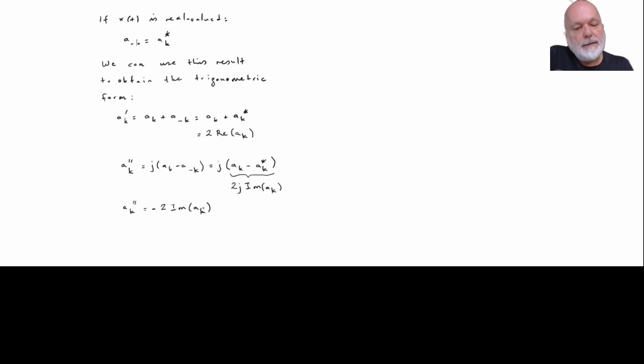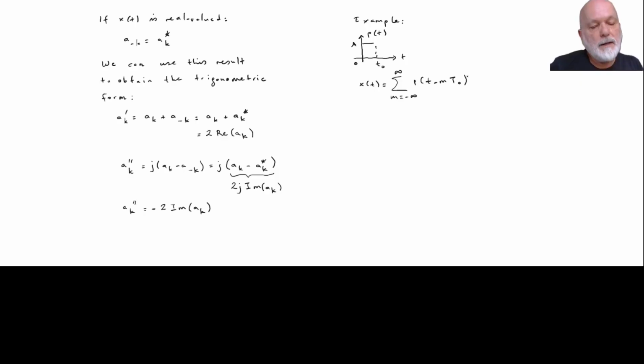Okay. Now let us see an example. Let us consider the following pulse p of t, which is equal to a between 0 and t0 and 0 elsewhere, and we have the periodic extension of this pulse as the sum over m from minus infinity to plus infinity of p of t minus m capital T0, and we choose capital T0 to be greater than small t0.